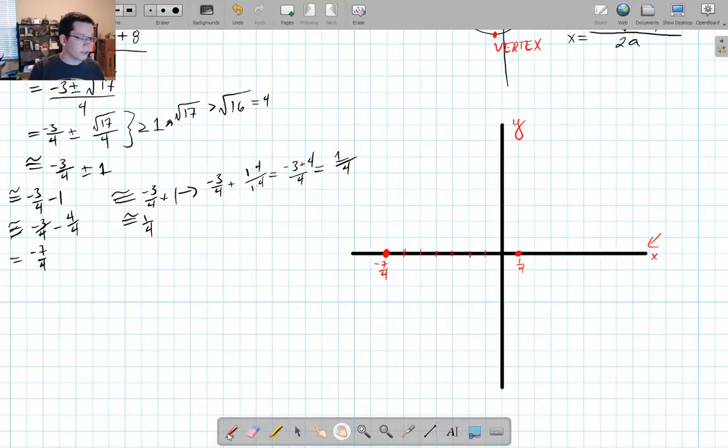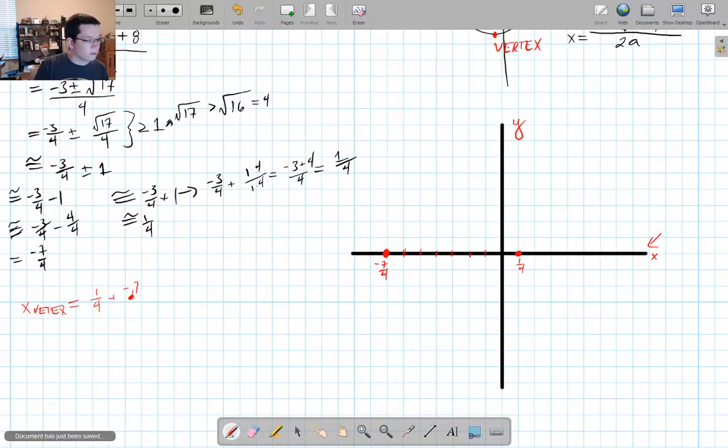So what we can do is say x vertex equals 1/4 plus negative 7/4, divided by 2, because that's the average.